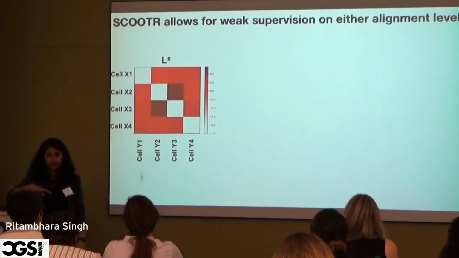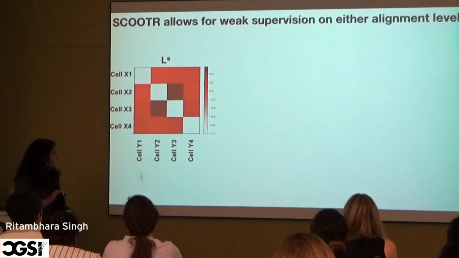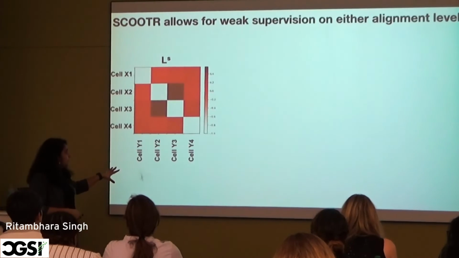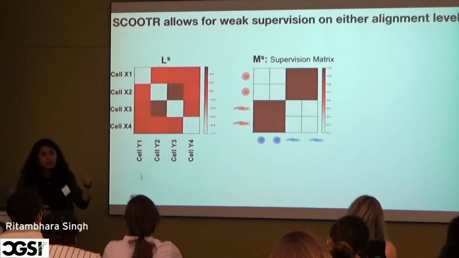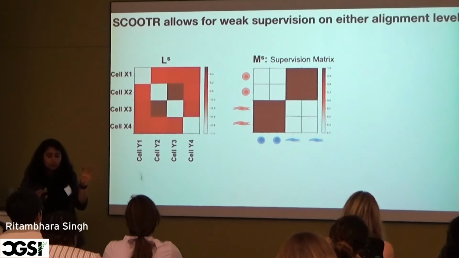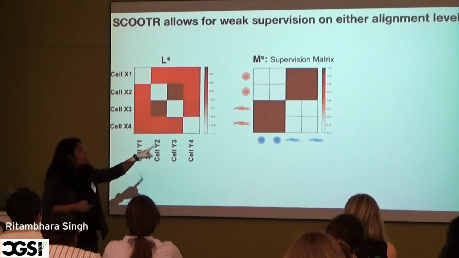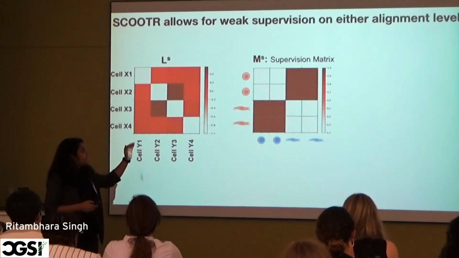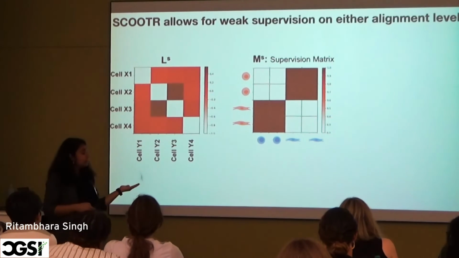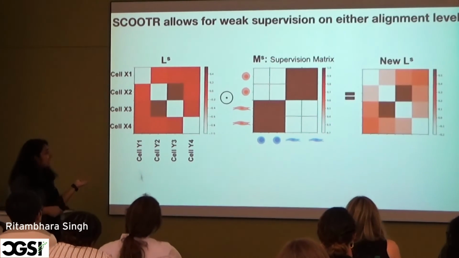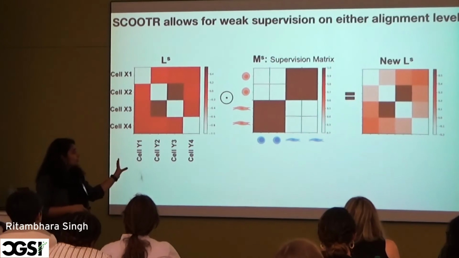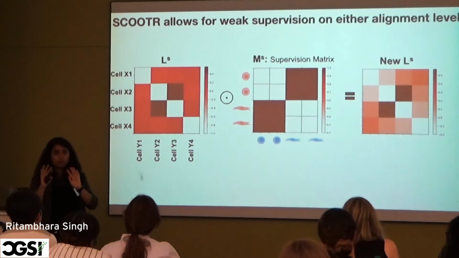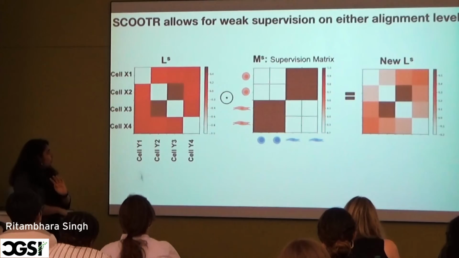There's actually a third advantage of this formulation, and that is that we can allow for some weak supervision either on the sample level or the feature level if we have any prior information. Suppose this is the cost matrix that your algorithm computed for the samples. Now suppose you have some prior information that this subset of cells should match to that subset of cells. Then you can define a supervision matrix where you give lower scores where the mapping is correct and higher scores where the mapping is incorrect, and we can scale our cost matrix so that the algorithm has some constraints on what scores it should change and what scores it should not.